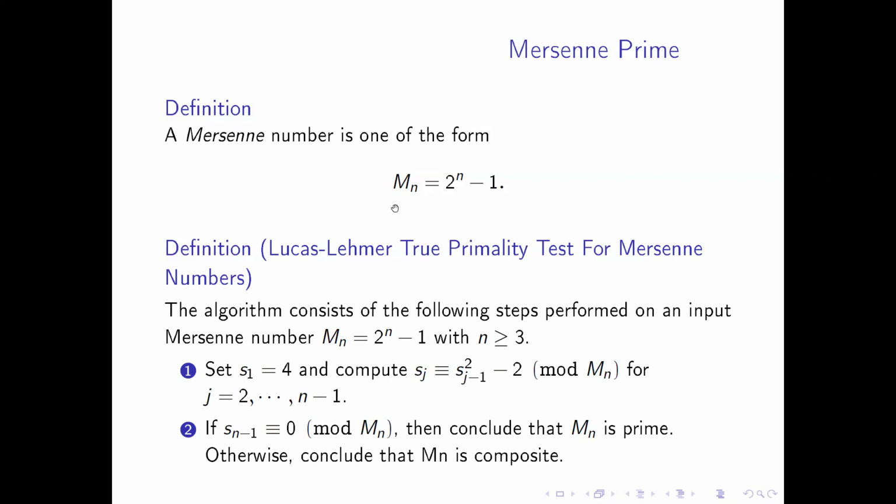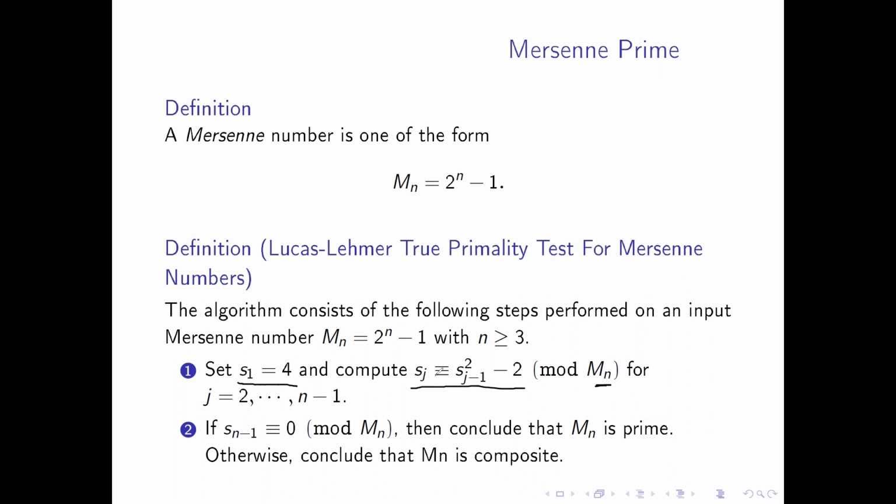We can run this test, which is actually kind of an interesting test. We define S1 to be 4, and then we compute S_j mod n. We always start with S1 as 4; it's always our first value.